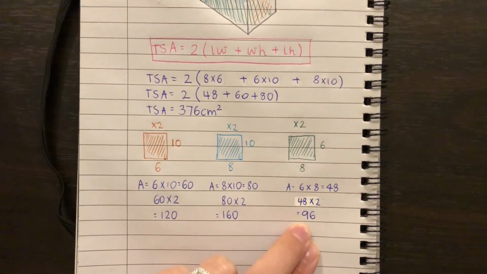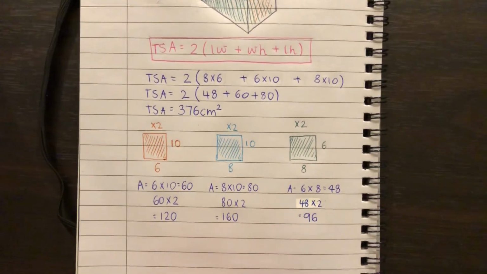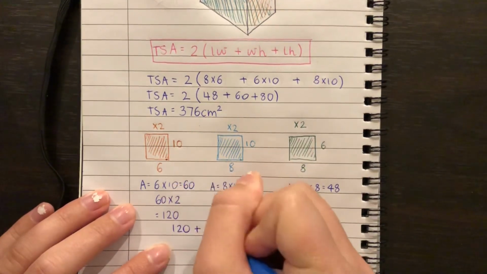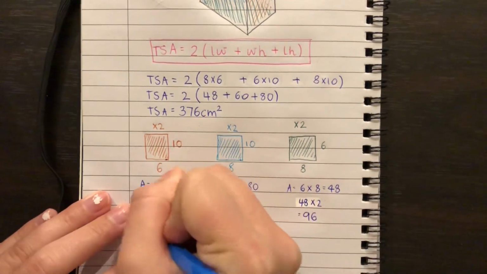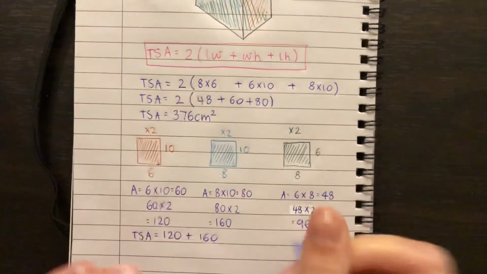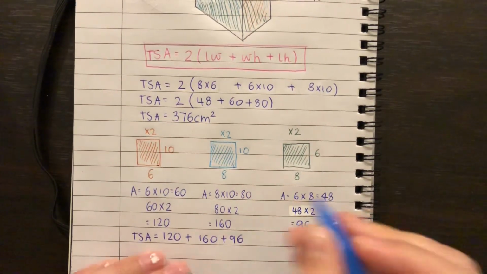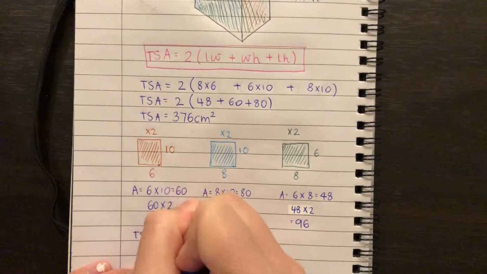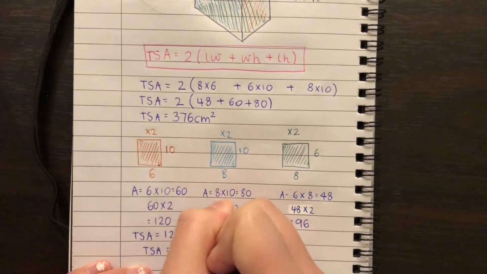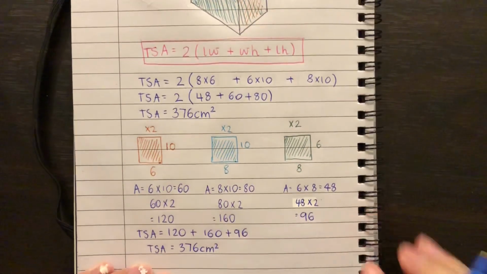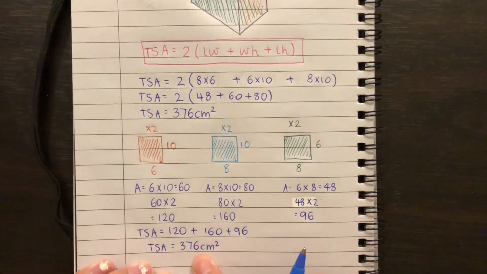So now we can add all of these answers together and we get the exact same answer of 376 centimeters squared.